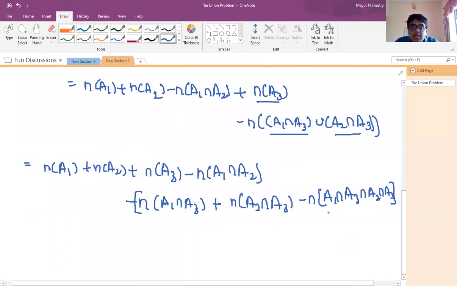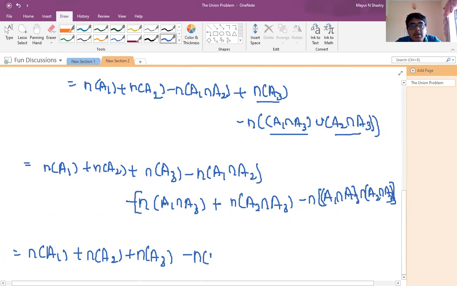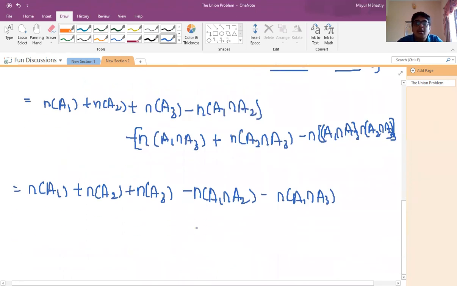If you do want brackets as well, you can put it like this. So then we're almost done. We have n of A1 plus n of A2 plus n of A3, minus n of A1 intersection A2, minus n of A1 intersection A3, then coming down, minus n of A2 intersection A3.